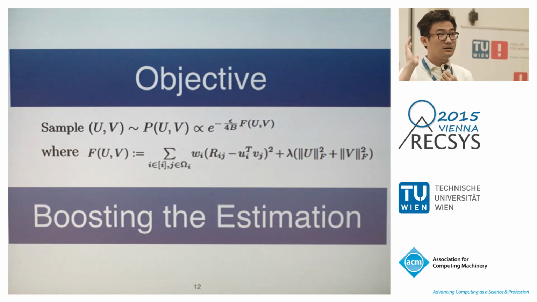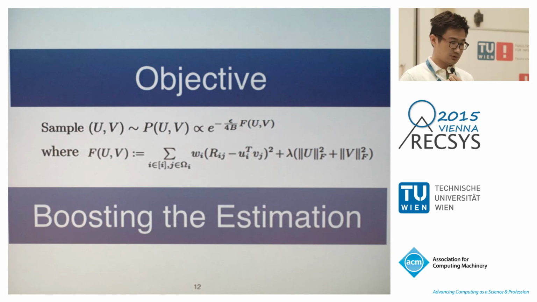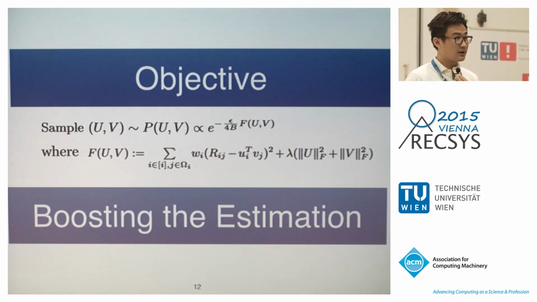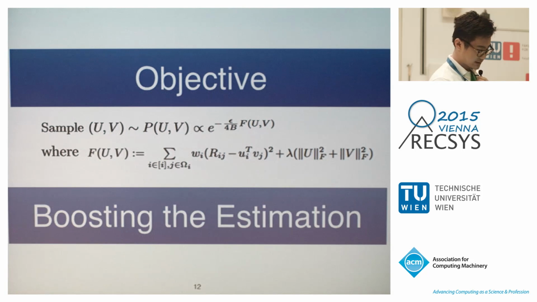If we set epsilon_0 equal to 4B, we are sampling from the original distribution, which naturally guarantees 4B differential privacy. And if we set epsilon_0 smaller than 4B, we are sampling from a flatter distribution, so it increases the degree of the differential privacy.